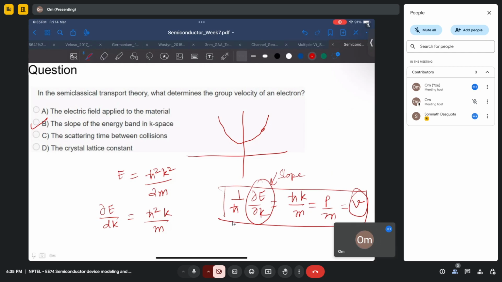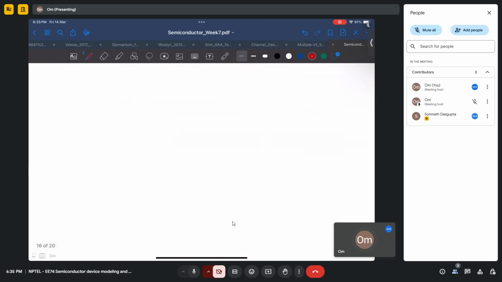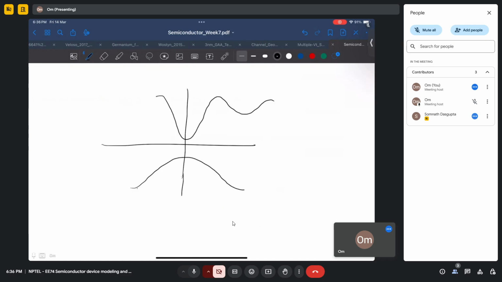Okay, so one question I want to ask you. Let's say you have an E-k diagram like this, something like this, with points A, B, and C. Can you tell me among A, B, and C which will have the highest effective mass of electron?